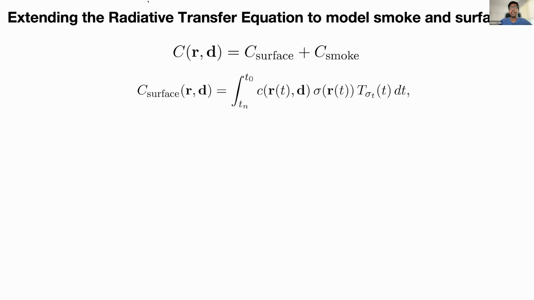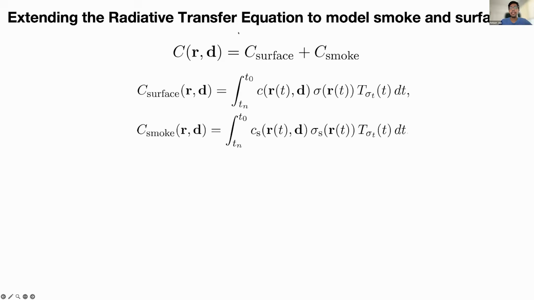The surface is parameterized by a color C and a density sigma. The smoke part of the scene is parameterized by C_S and sigma_S. The transmittance term is computed from both sigma and sigma_S. The transmittance, which is the attenuation coefficient, includes both the absorption and the out-scattering effect of the smoke.